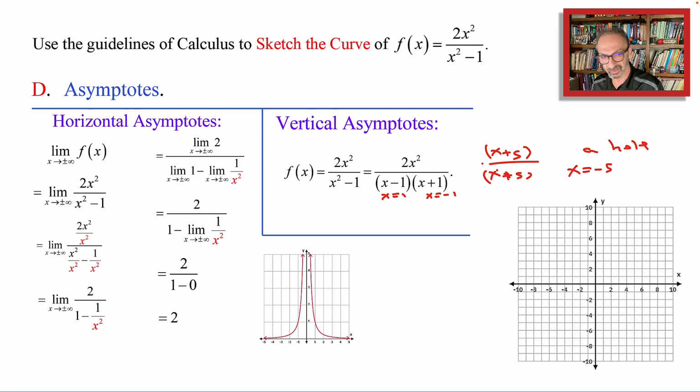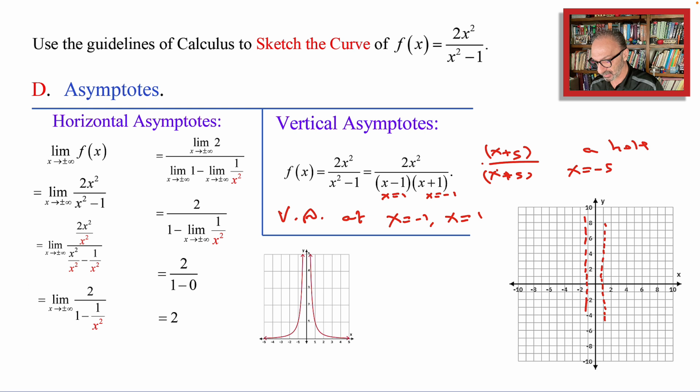So the zeros of the denominator that don't cancel, like the case that we have, give vertical asymptotes. So we do have vertical asymptotes at x equals negative 1 and at x equals 1.